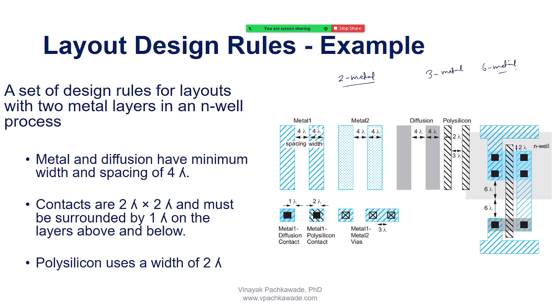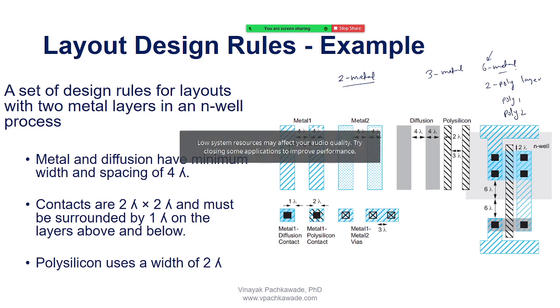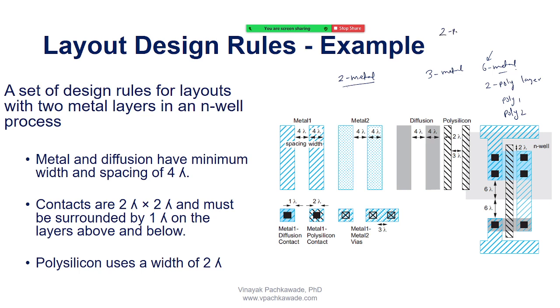It depends on what technology you are using, FinFET, CMOS or bipolar. There are different types of technology, and each technology has different layers of metals. You can even have a technology file with two poly layers. They call it poly 1, poly 2. Sometimes you will hear these words, 2 poly 6 metal CMOS process.